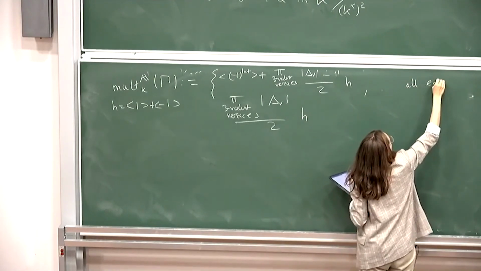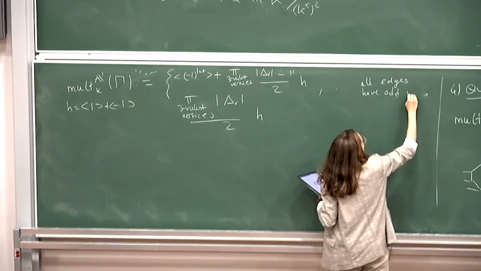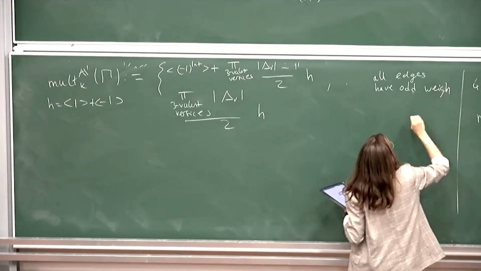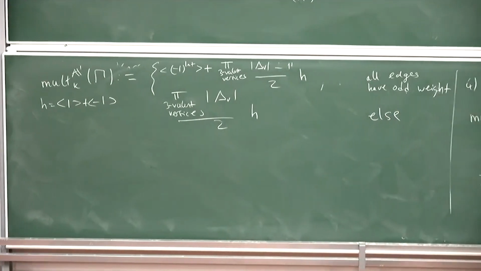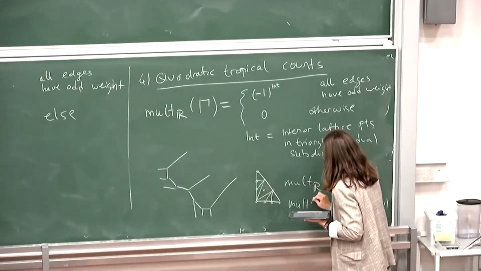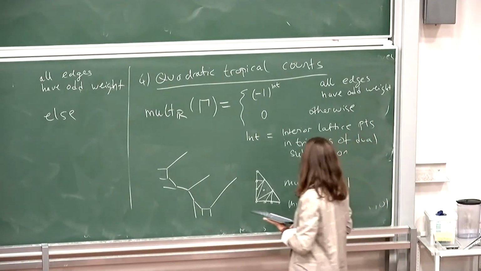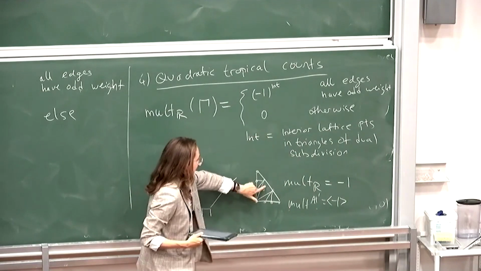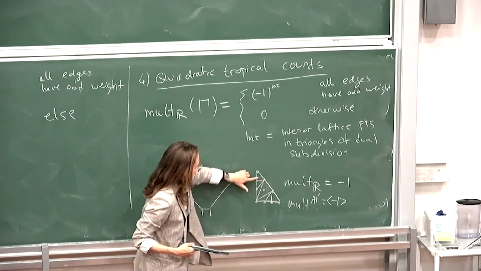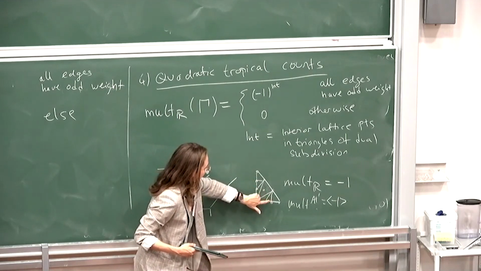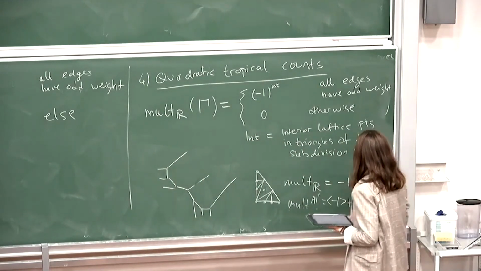Here all edges have odd weight, and here else. So for example, here, this A1 multiplicity would be -1 in brackets. And the product of the areas of these triangles, or the double areas: these all have area 1/2, so the double area is 1, but this one is 3, so we have 1 hyperbolic form here.